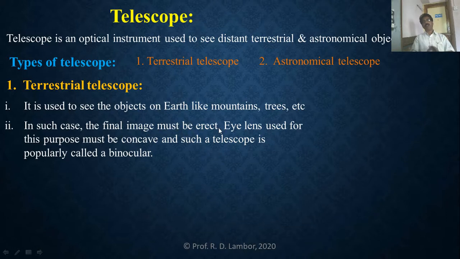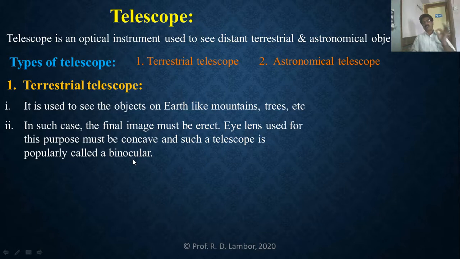Then in order to produce the final erect image, we are using eye lens concave, and that concave eye lens will produce final erect image. And when telescopes are using eye lens as a concave eye lens, such a telescope is popularly called as binocular.